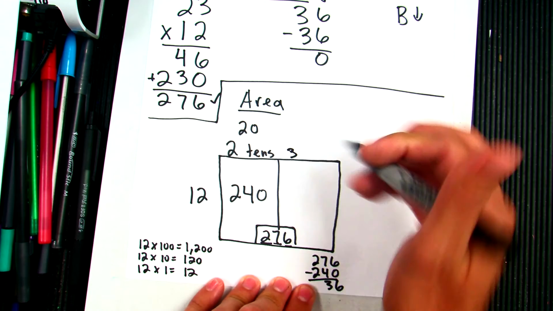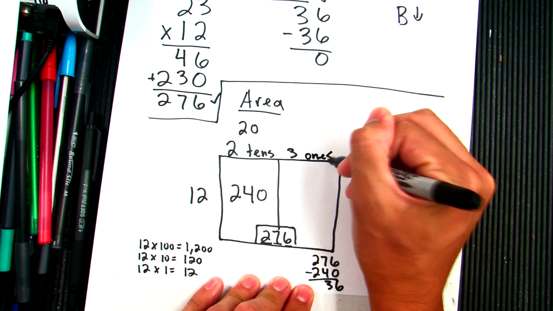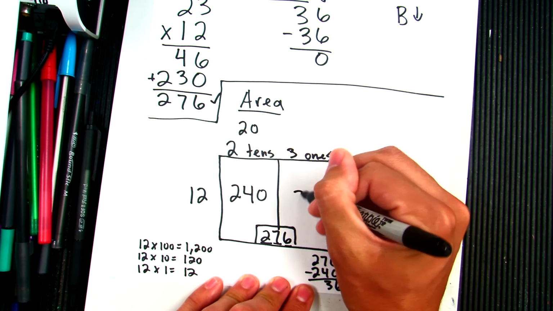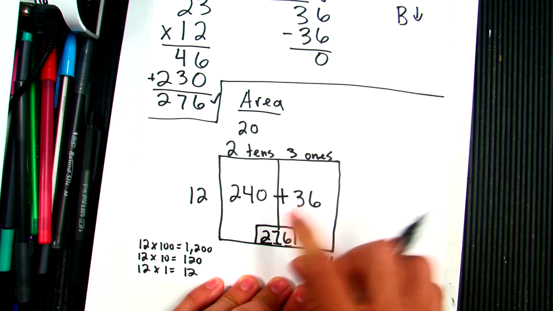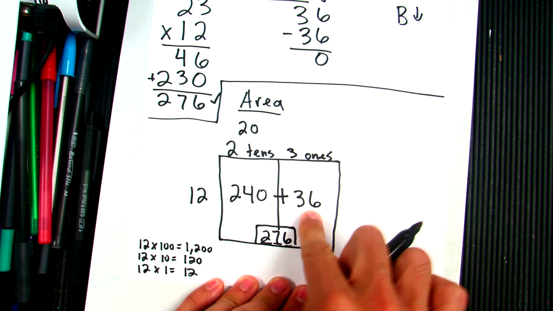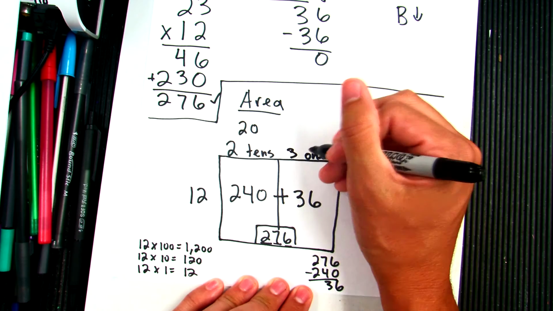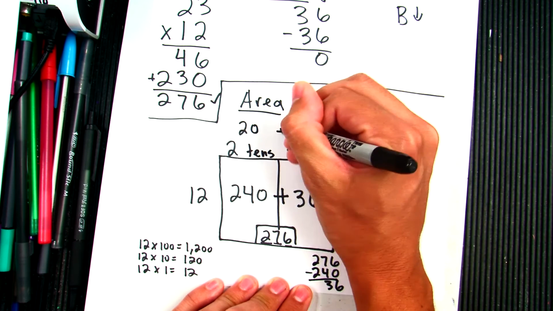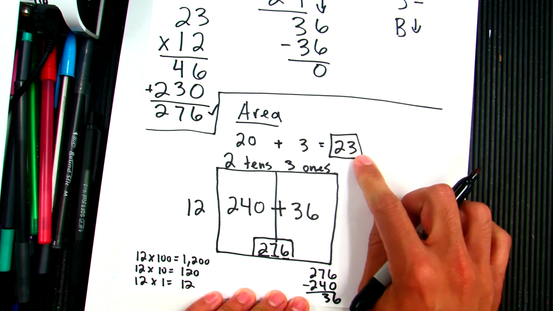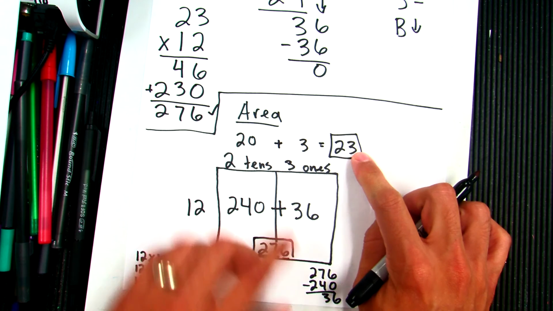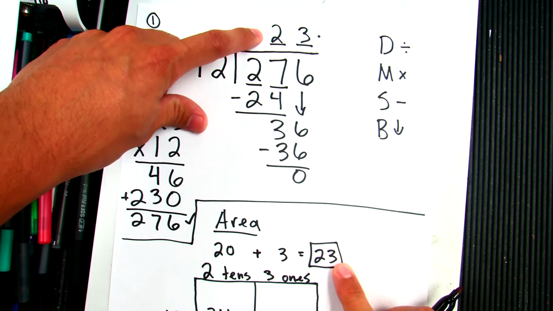And what place value? My ones place. 3 times 12 is 36. I have used up my entire amount because 240 plus 36 is 276. I'm done. This represents 3. I add these together and my numbers should match up. 23 is my quotient, just like up here.